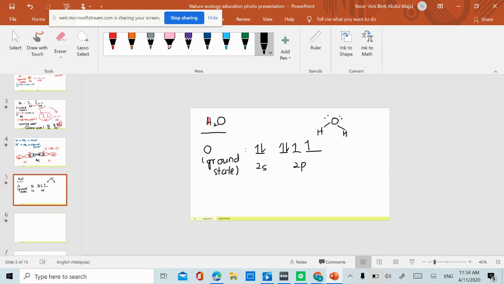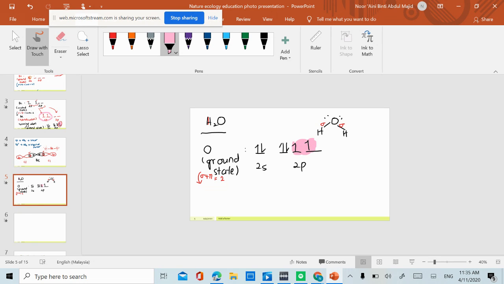Then, what do we consider? Remember, we look at the number of sigma plus pi. There are 2 sigmas and no pi. So 2 plus 0 is 2. That means we need 2 unpaired electrons or single electrons. Do we have 2 single electrons? Yes, we do.